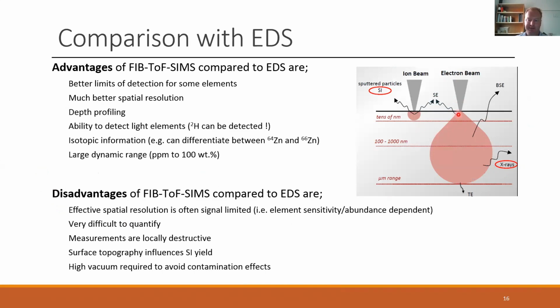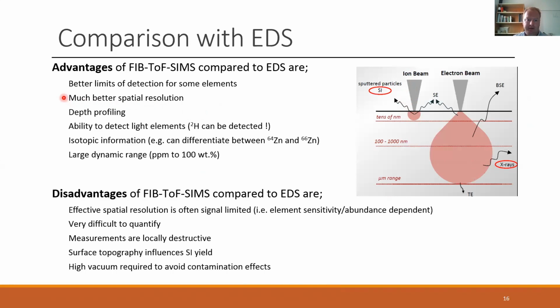That's because electrons can travel much longer path lengths within any material than an ion, which has a much higher scattering cross-section. So effectively, the gallium ions come in and stop very near the surface, and the secondary ions come from a region very close to the point where the primary ions came in. That's where we get our very high spatial resolution.